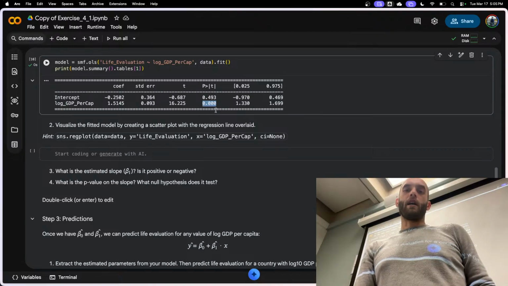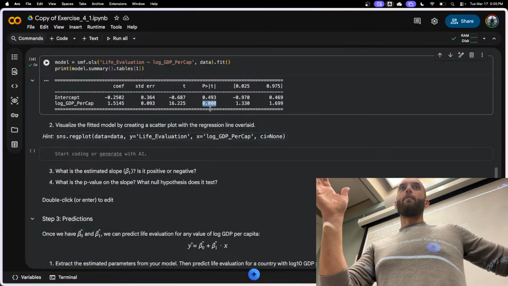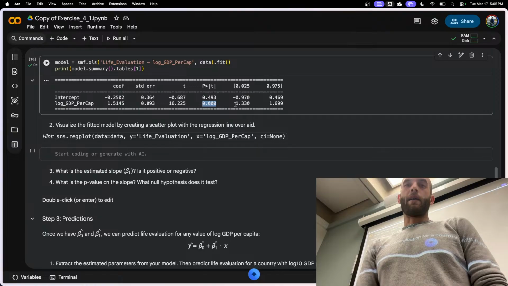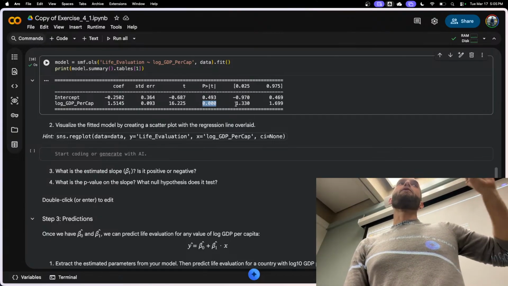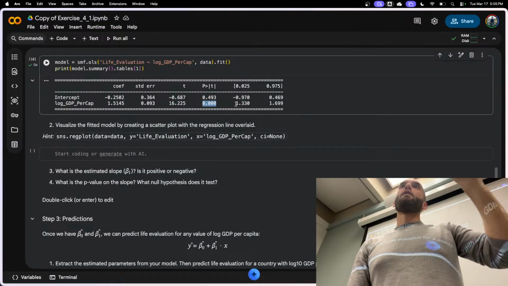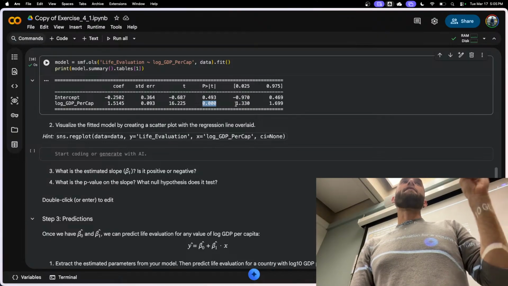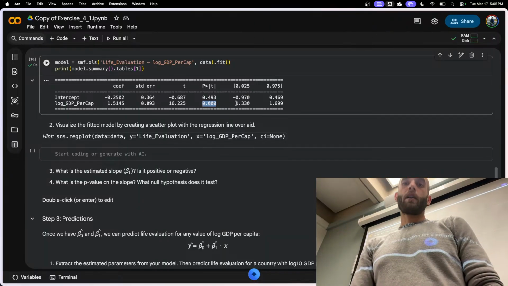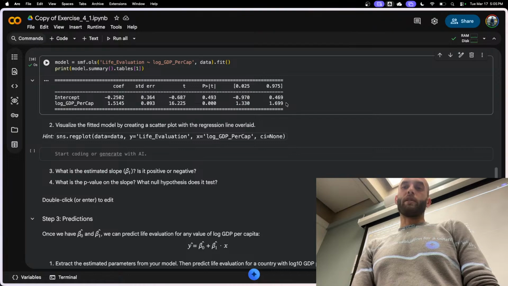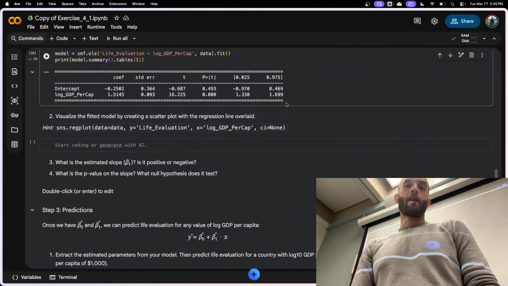So this is strong evidence against the null hypothesis. We still have not made rejection decisions. We're not rejecting the null. All we're saying is this is the probability of seeing this given the null. And then here's our 95% confidence interval. Any questions here?